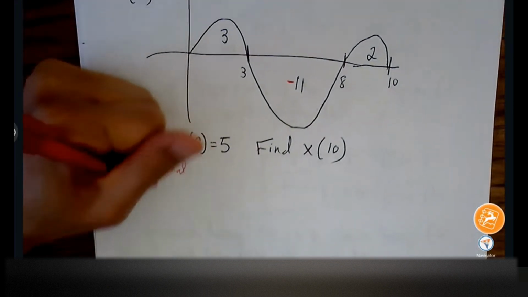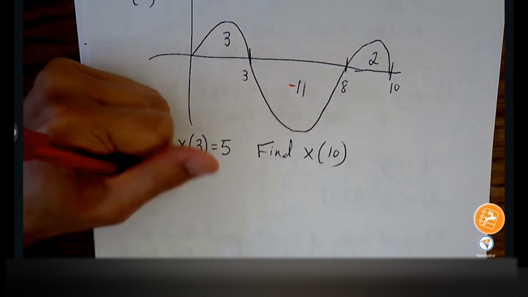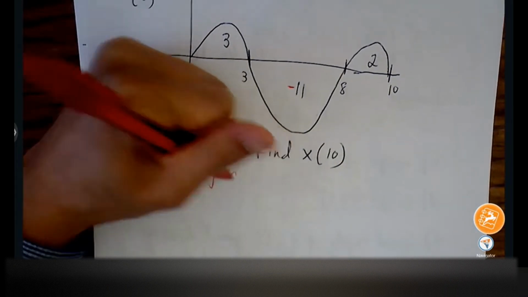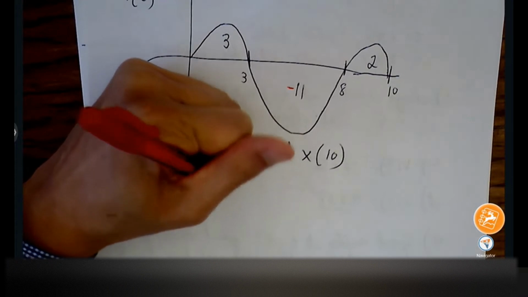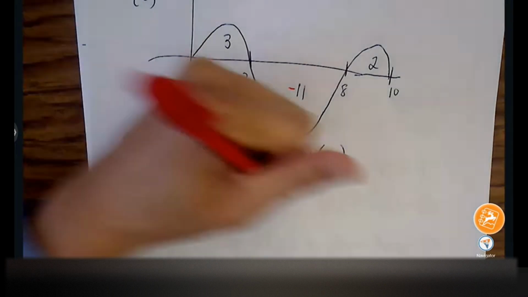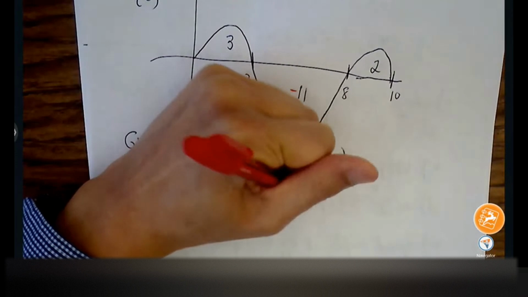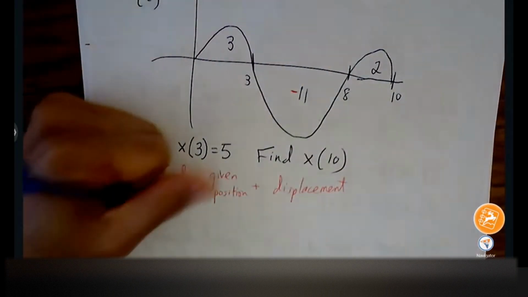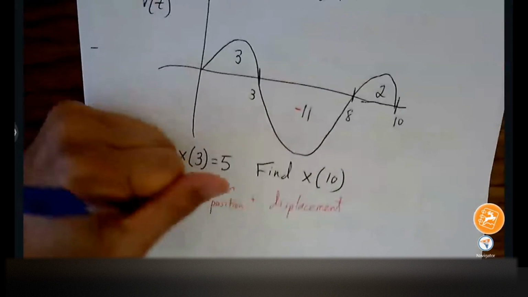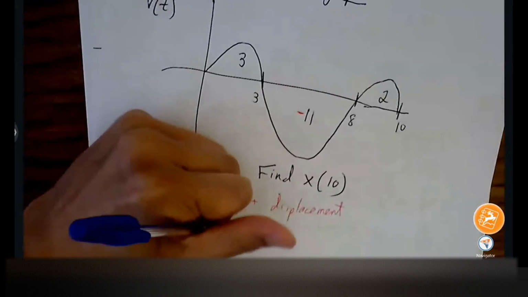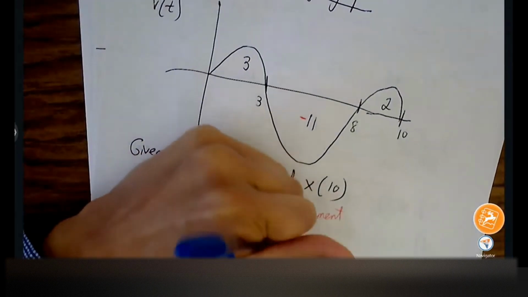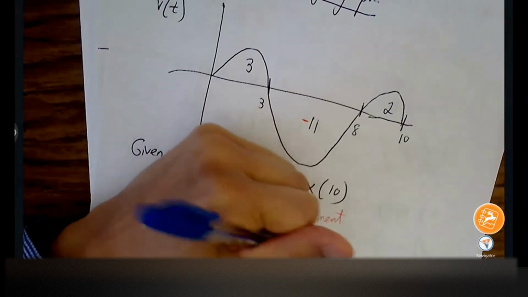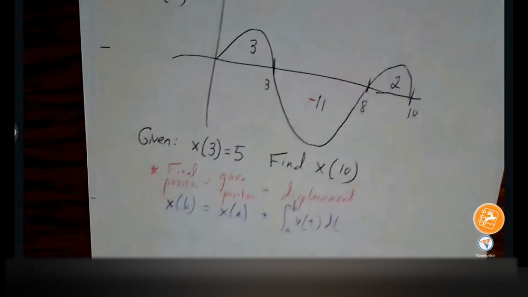If I'm looking for a final position, I'm going to have to rely on my given position or my original position plus displacement. In other words, x of b is equal to x of a plus whatever that gap is between my 2 points.